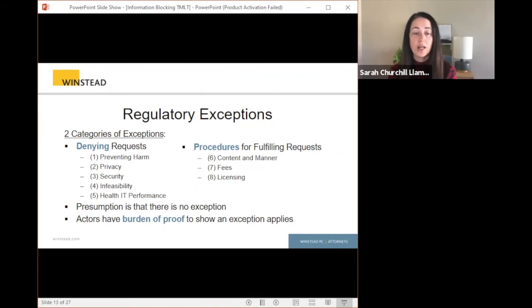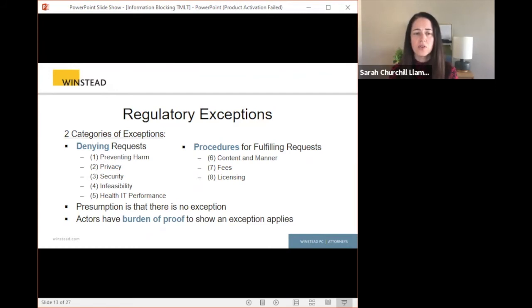And I'll tell you, some of these, especially around the procedures for fulfilling requests, it's not real straightforward. I think your organization is going to come to use probably two or three exceptions, unless something is going on, like your entire system is down for maintenance or for an extended period of time, or there's some other security issue, then you might have to start looking at some of these other exceptions.